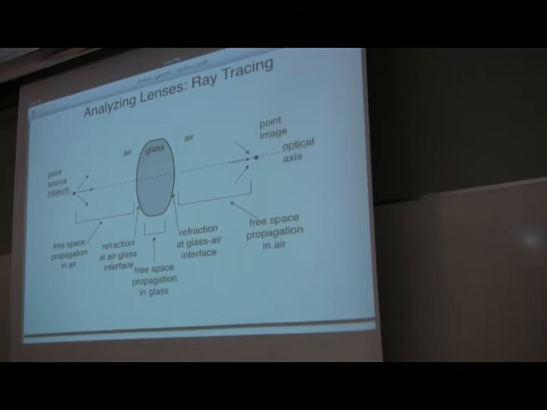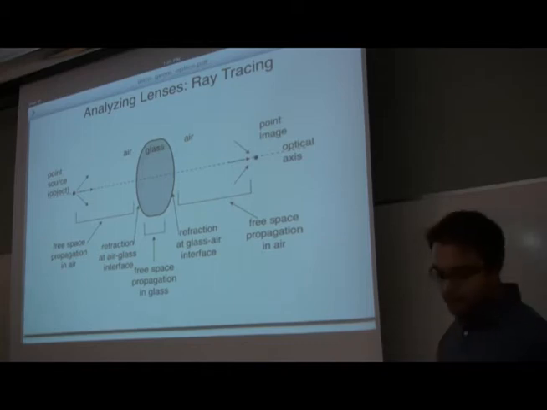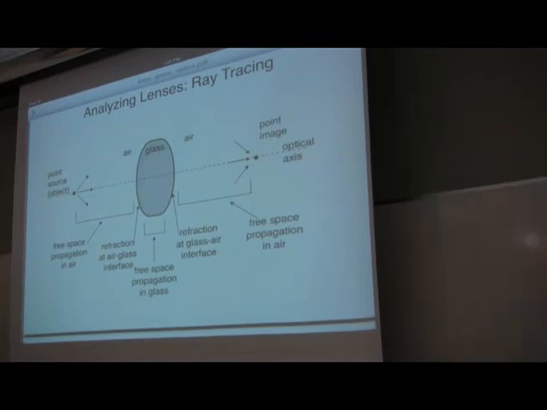Now, there is a technique to analyze optical imaging systems, which is also applicable for non-imaging systems. But again, it's easier to understand for imaging systems. So we'll go through this in some detail. It's a technique called ray tracing, to figure out what happens to a ray as it passes through optical systems.